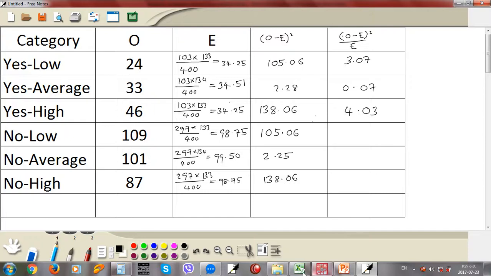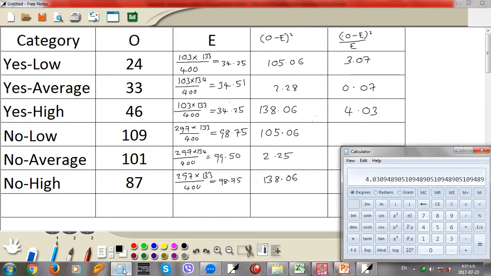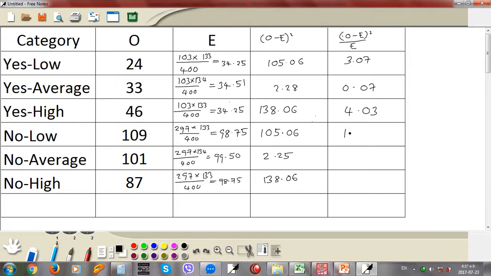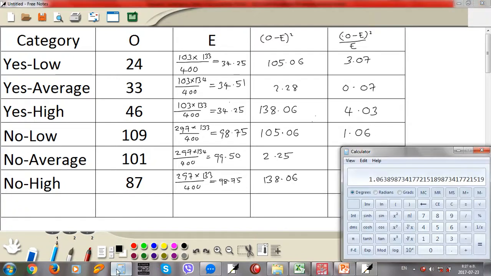And here 105.06 divided by expected value 98.75, then 1.06. This one, 2.25 divided by 99.5, that is 0.02.